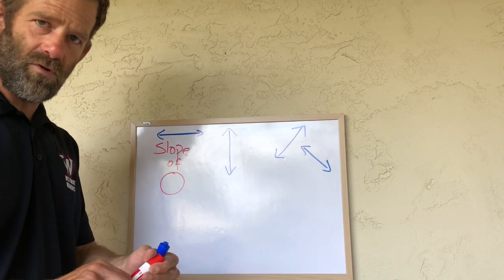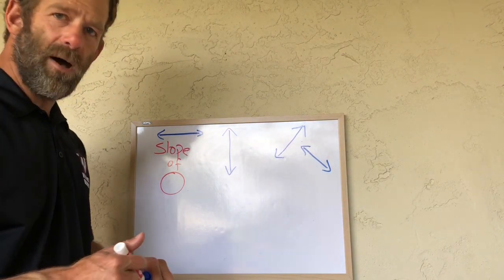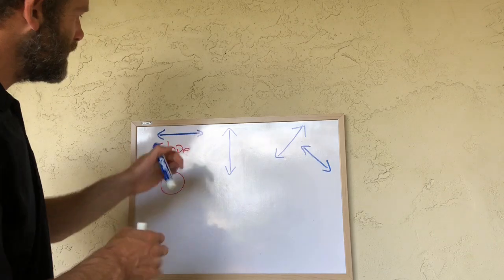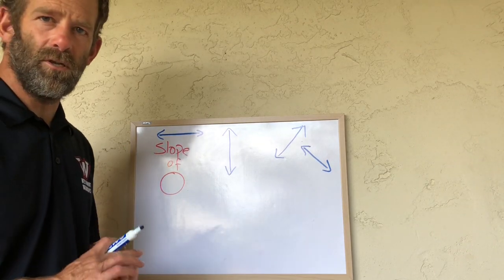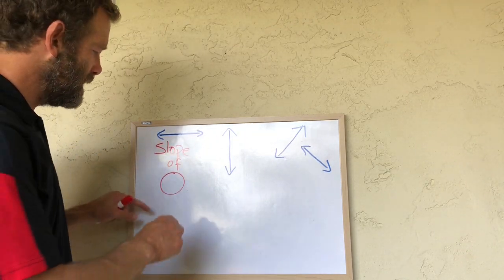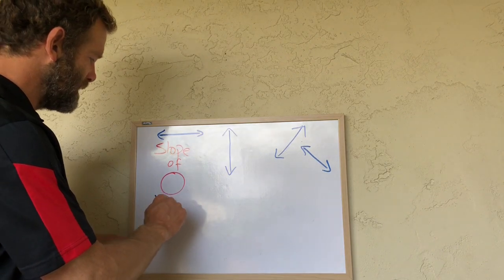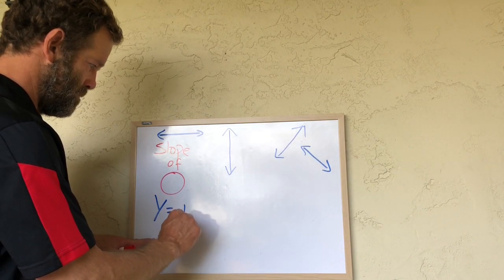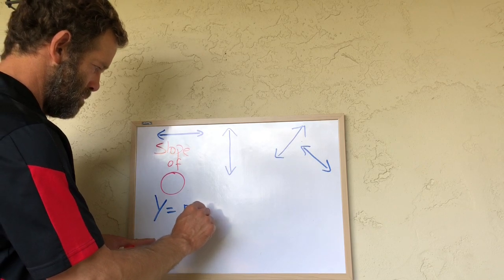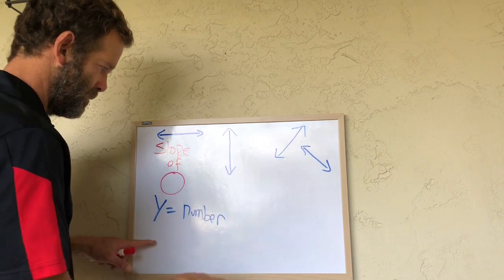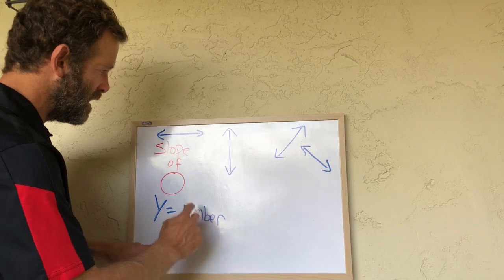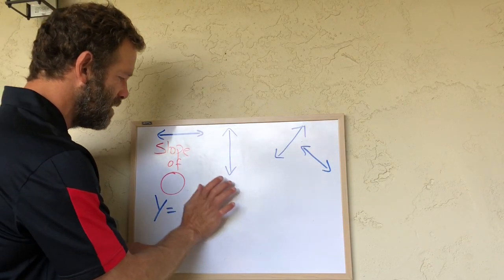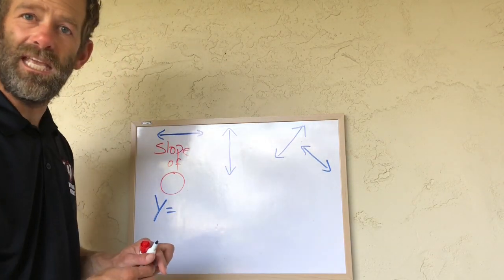And just a refresher from IM1, these kinds of lines are called horizontal lines. Horizontal lines start like this: y equals just some number. Any number here would represent a line as long as there is no x in the equation.